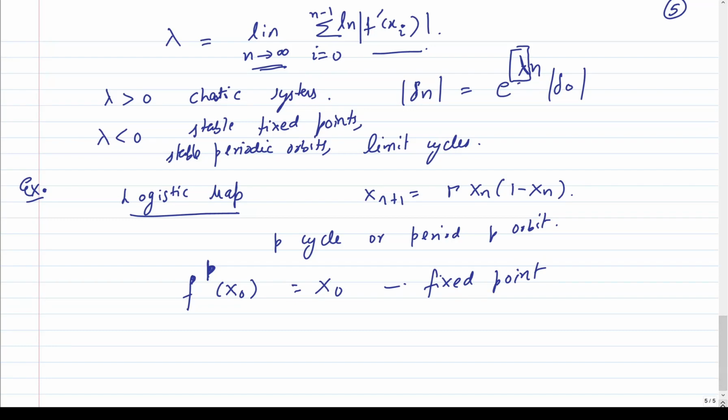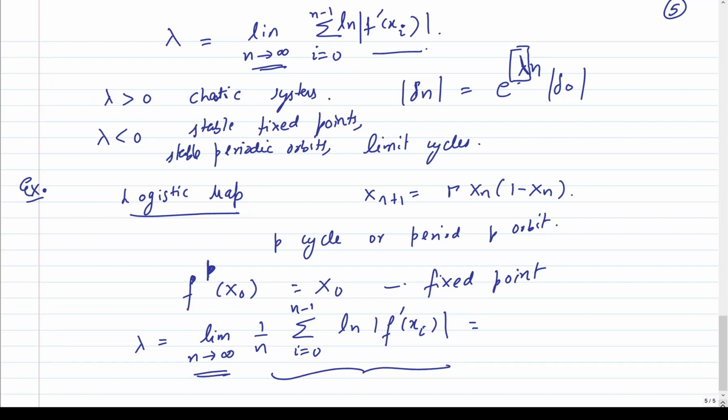So by plugging in the expression for the Lyapunov exponent, I get the sum over the logarithms of the derivatives of all the iterates. And since I'm taking n to infinity, you notice that this trajectory, iterated an infinite number of times, is going to basically hover around these p stable points.